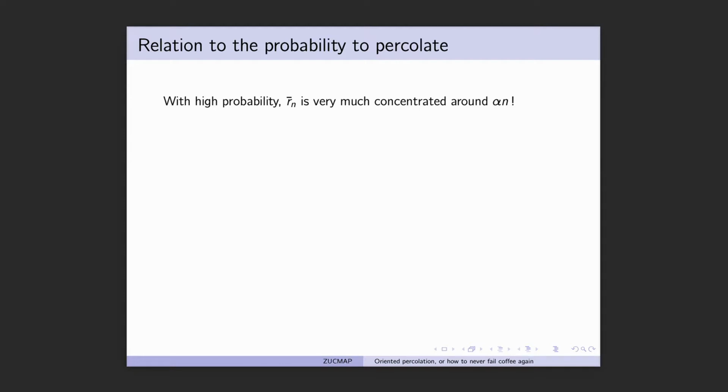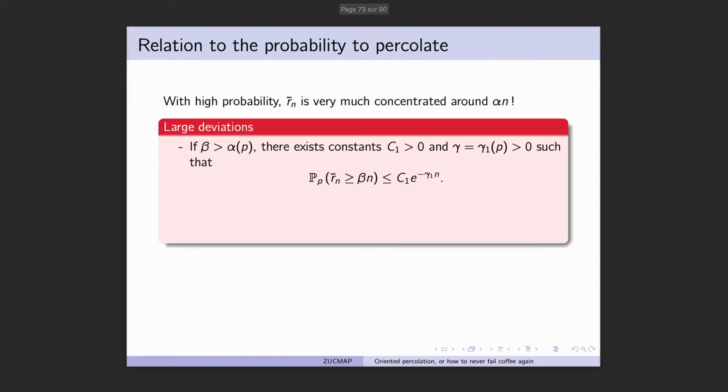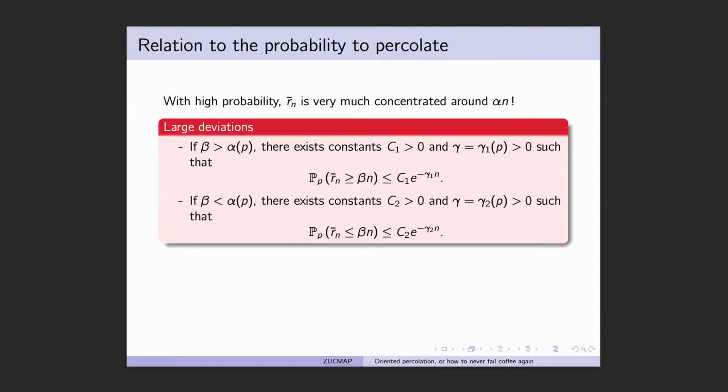This is easier to understand if you've seen a bit of probability theory, but it pretty much tells you that Rn bar over n should be very, very close to alpha. It cannot be close to beta for beta greater than alpha, otherwise this probability decays exponentially fast. It cannot either be far from alpha below, otherwise we have the same kind of behavior. So Rn bar over n should be very, very close to alpha.